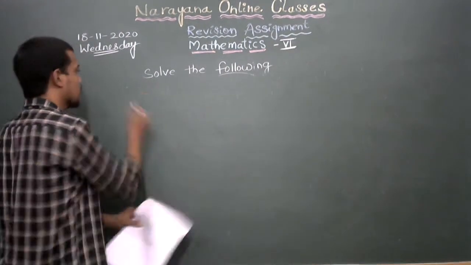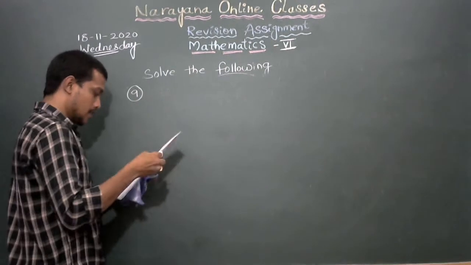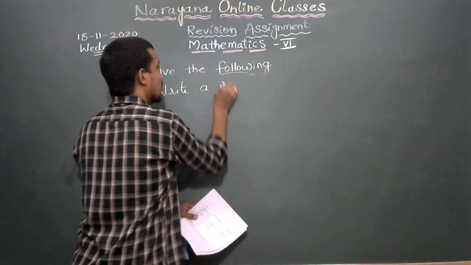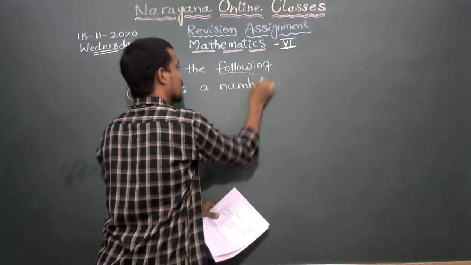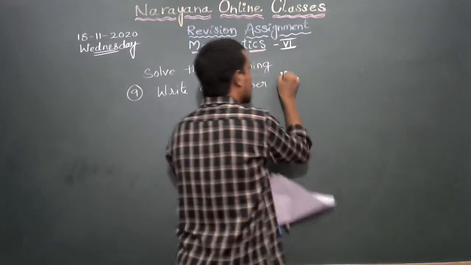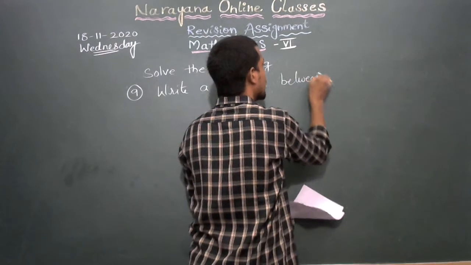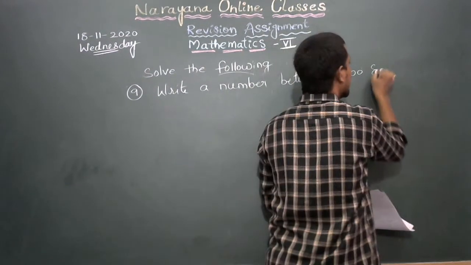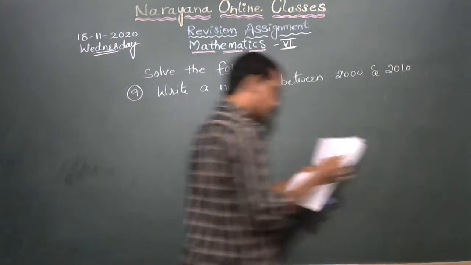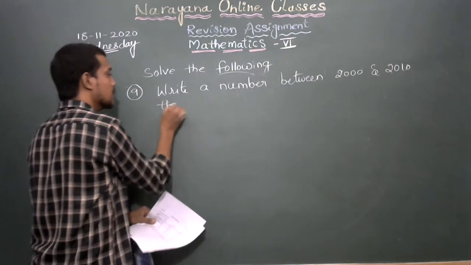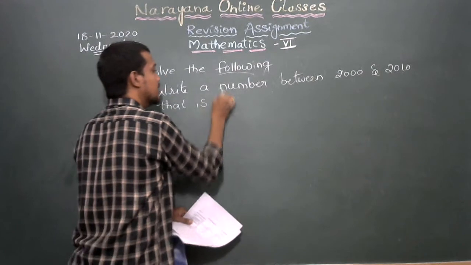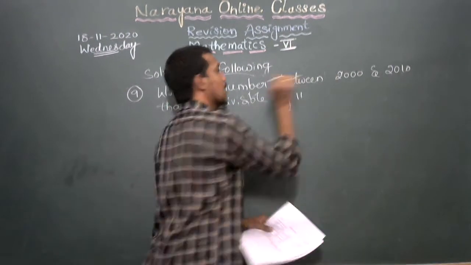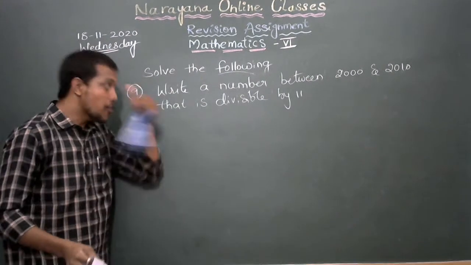Now next question. Write a number between 2000 and 2010 that is divisible by 11. Now verify.